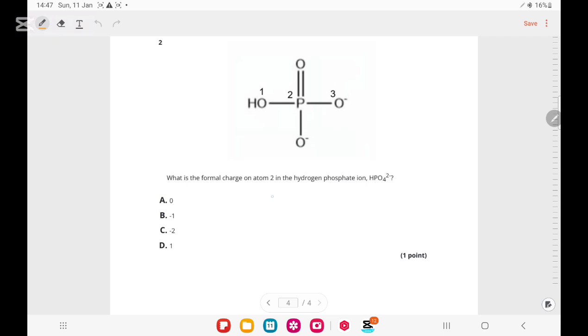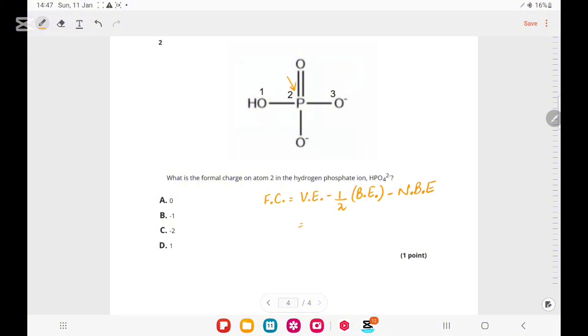Then again we have formal charge, that is valence electrons minus 1 by 2 bonding electrons minus non-bonding electrons. So how many valence electrons are there if we are considering atom 2, that is phosphorus?